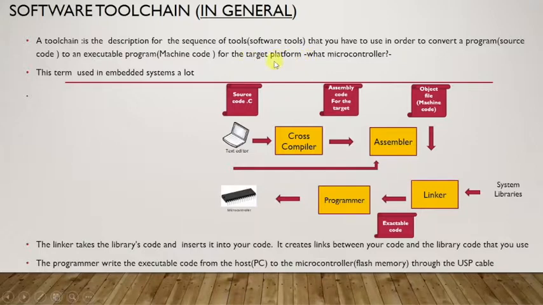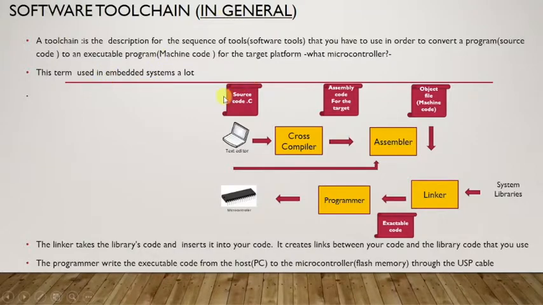What I mean by the target platform is which microcontroller, because you have machine code for an AVR microcontroller that is different from the machine code for an ARM microcontroller, and so on. This term, the software toolchain, is used a lot in embedded systems. So you must be aware of the software toolchain in general in embedded systems, and you have to know everything about the software toolchain of the Arduino.